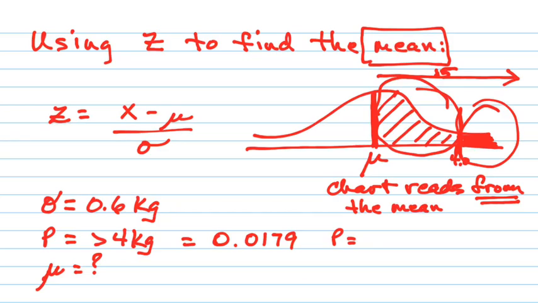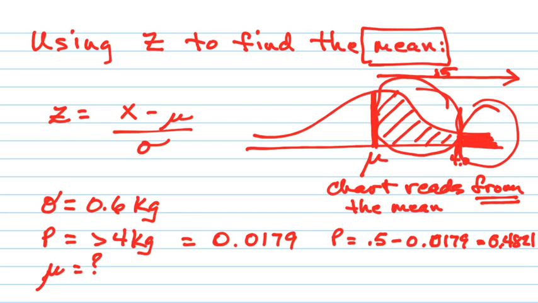Probability is 0.5 minus that little tiny bit: 0.5 minus 0.0179 gives us 0.4821. Remember that when you're reading from the chart, it's only going to read that information from one side.